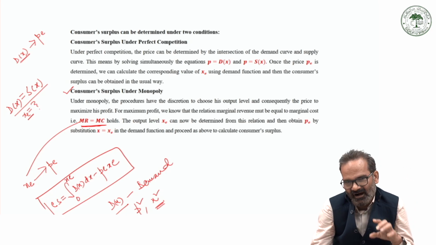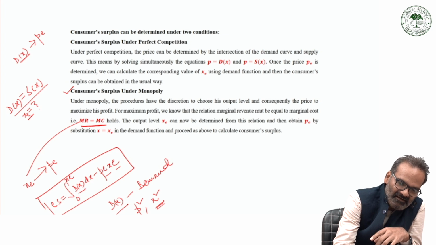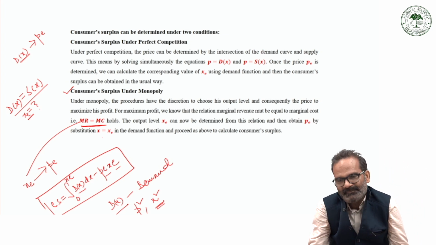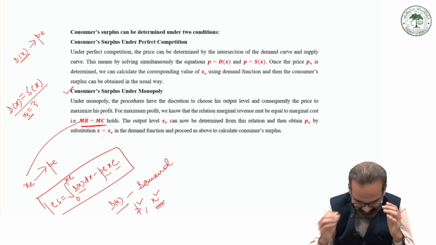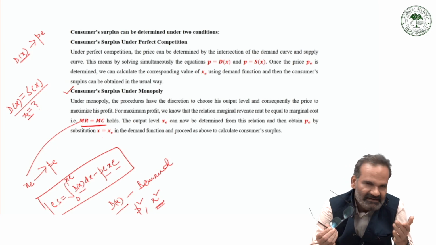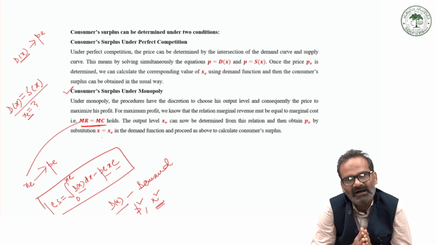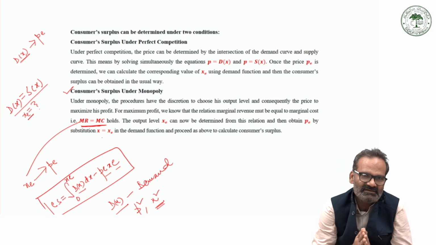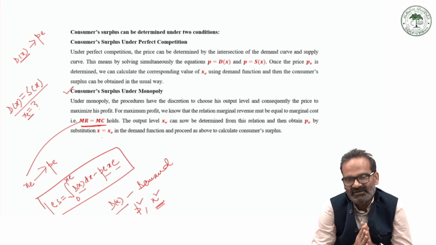So if PE is there, XE is there, and the demand function is there, then you can apply the formula to determine the consumer surplus. This is how we can determine the consumer surplus in general, as well as under two basic conditions: the consumer surplus under perfect competition or under monopoly.